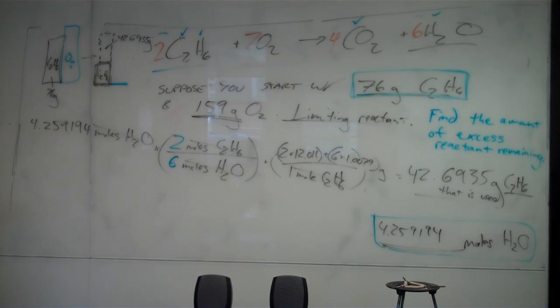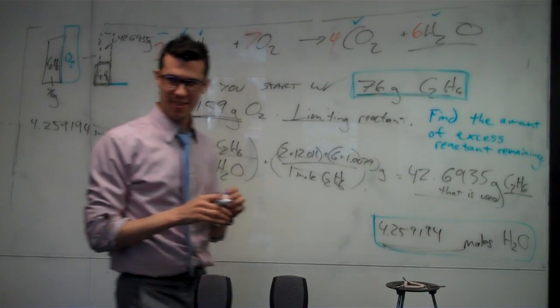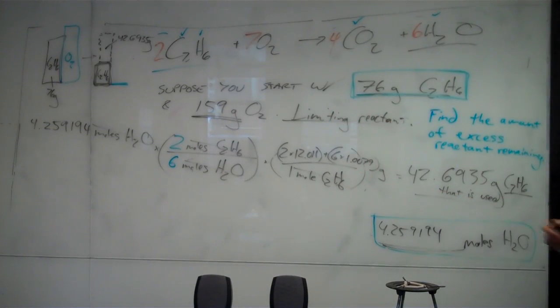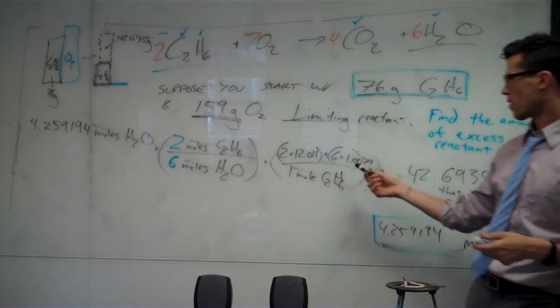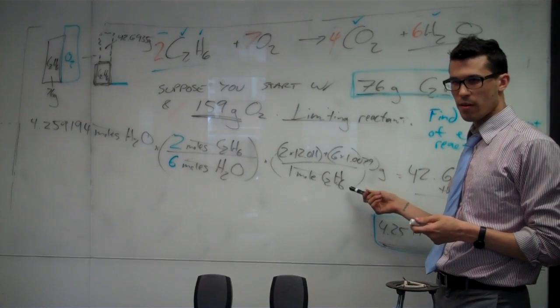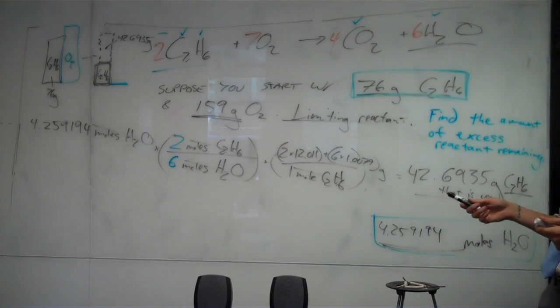Yes? In my packet, I have the part we just did, but I don't have the moles. I just have you times it by the grams, by the second part, not the first part. You guys don't have the excess reactant part? I'm not talking about the 2/6 moles part.